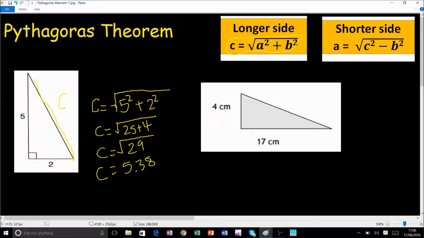Okay, now let's look at the next one here. We move on to this triangle, and we have 4 centimeters and 17 centimeters.